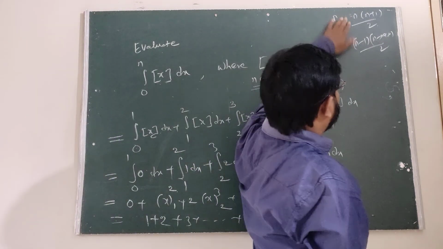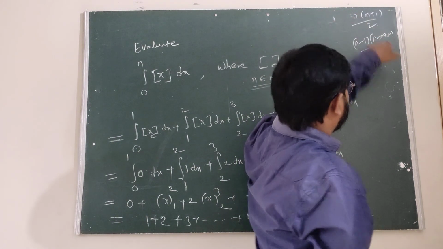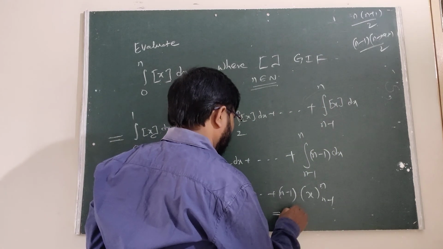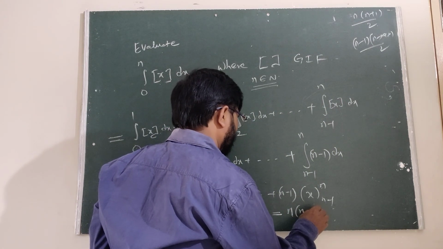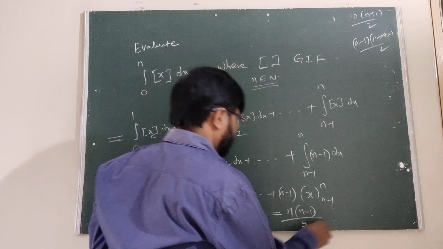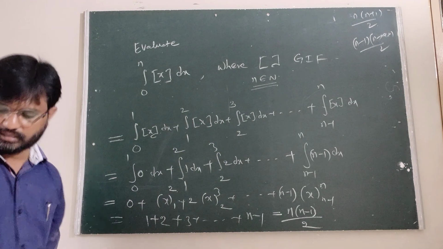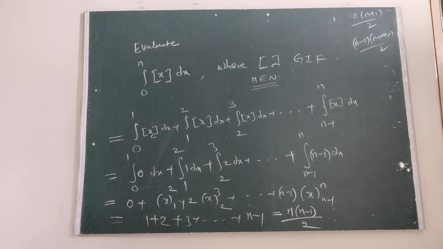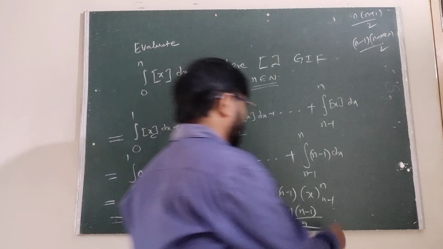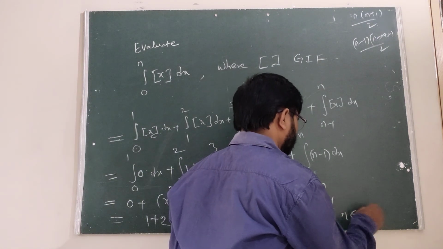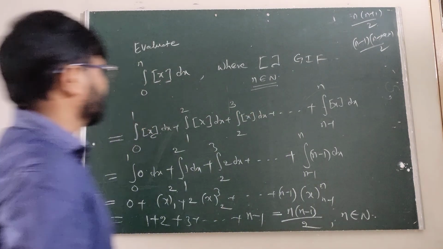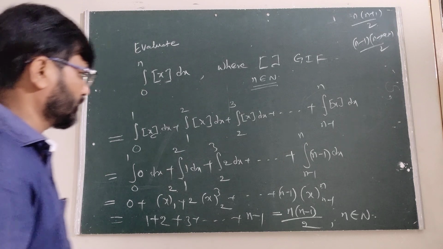So n minus 1 plus 1 is n, and we get n into n minus 1 by 2. This is the answer: n(n minus 1)/2 for all n belonging to the natural numbers. Is it clear? Okay.